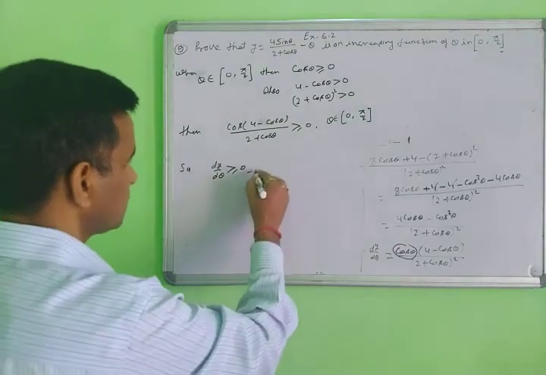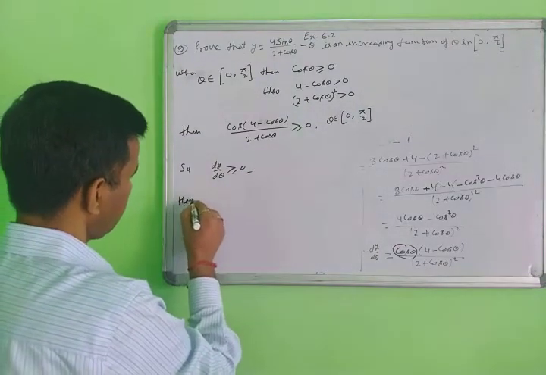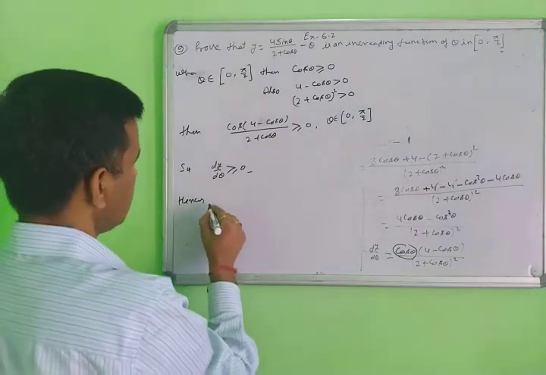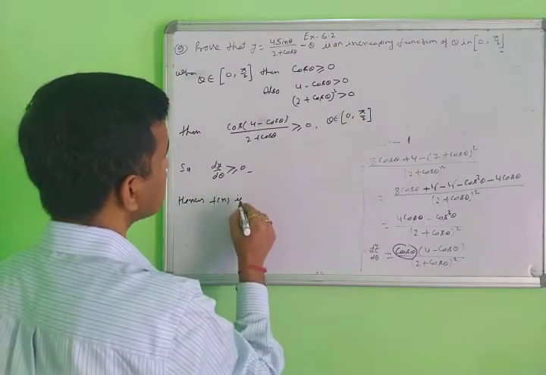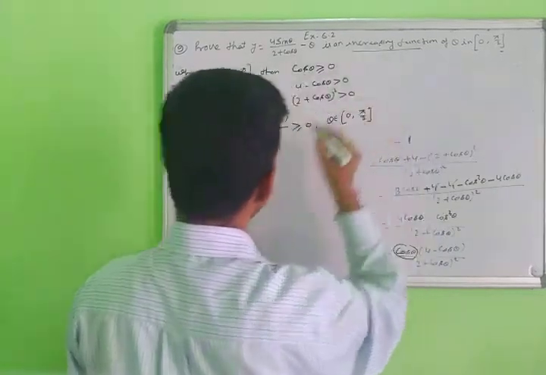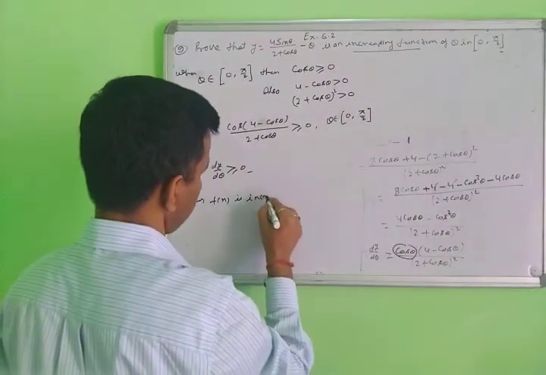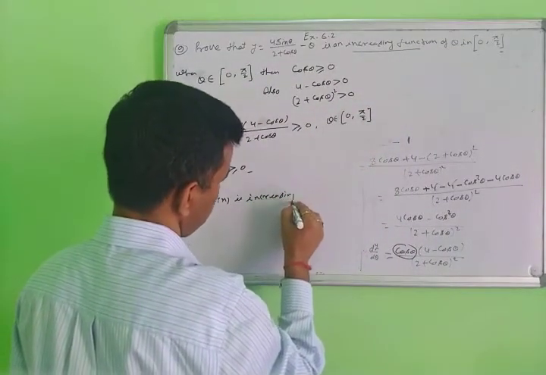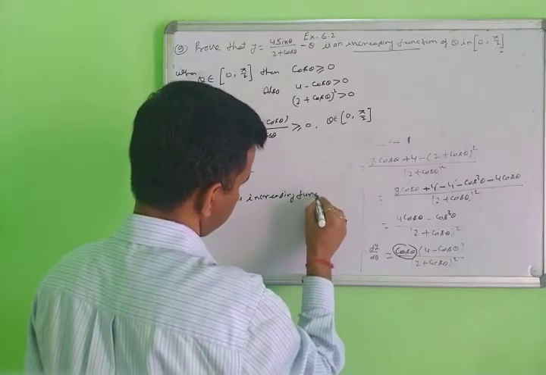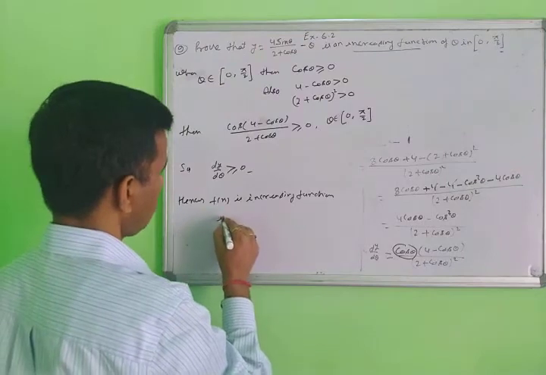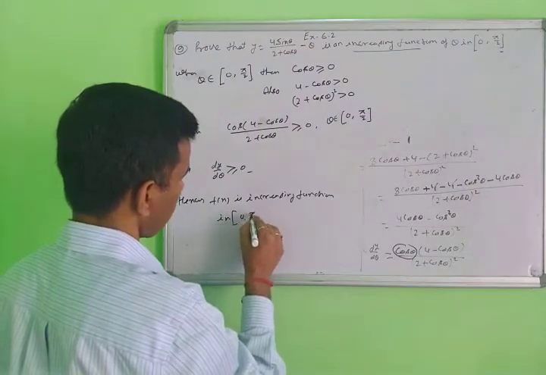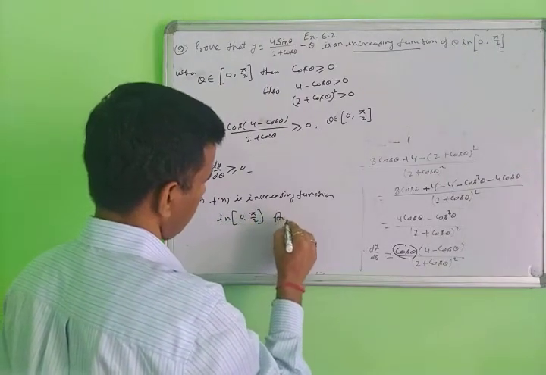So, hence, you can say f(x) is an increasing function in the interval 0 to pi by 2. Proved.